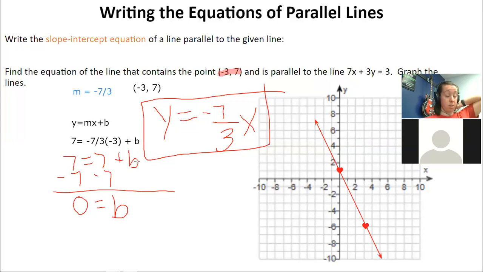Oh my gosh, I'm so tired. You start at 0. Start at 0. You got it. We're going to start at 0, and then we're going to go down 7, right 3. Come on, mouse.